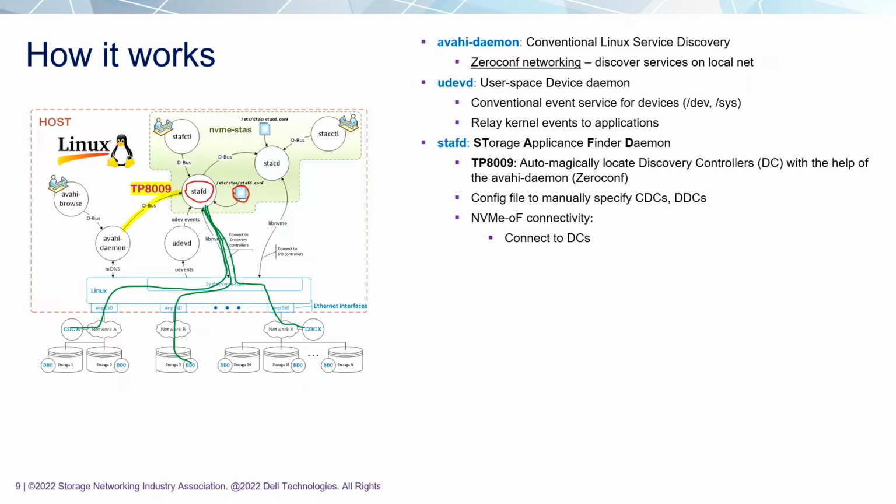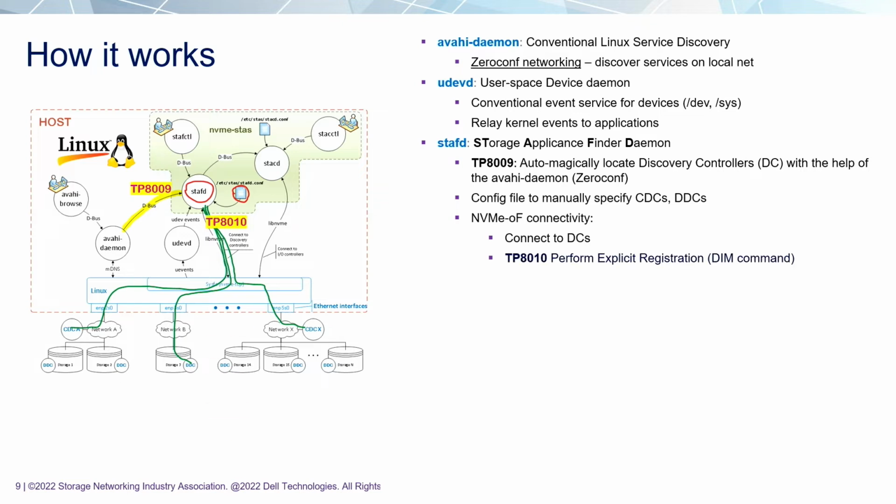Once stafd gets the IP addresses of the discovery controllers, it is able to connect to all the discovery controllers of pertinence. You can see per each independent network interface, you can connect to a centralized discovery controller here, to a DDC here, or to another CDC here.